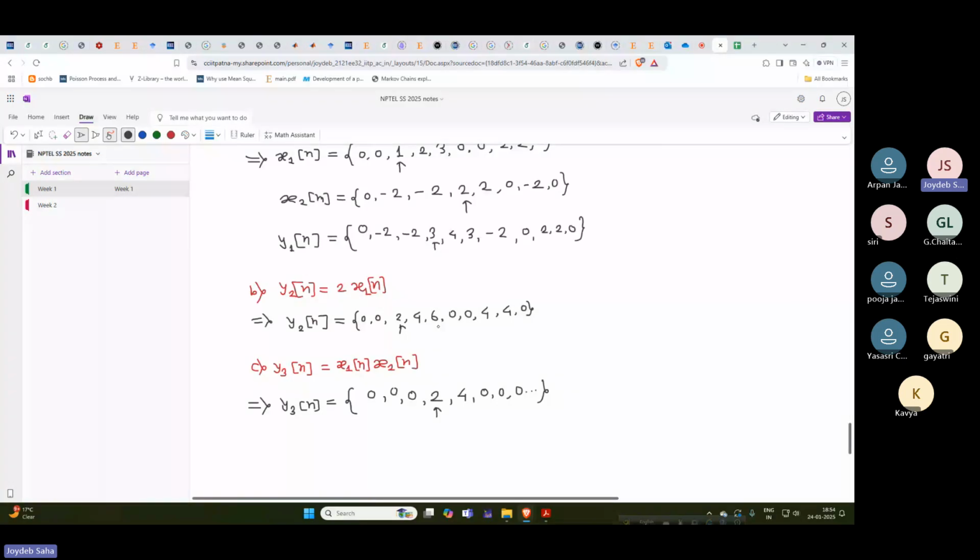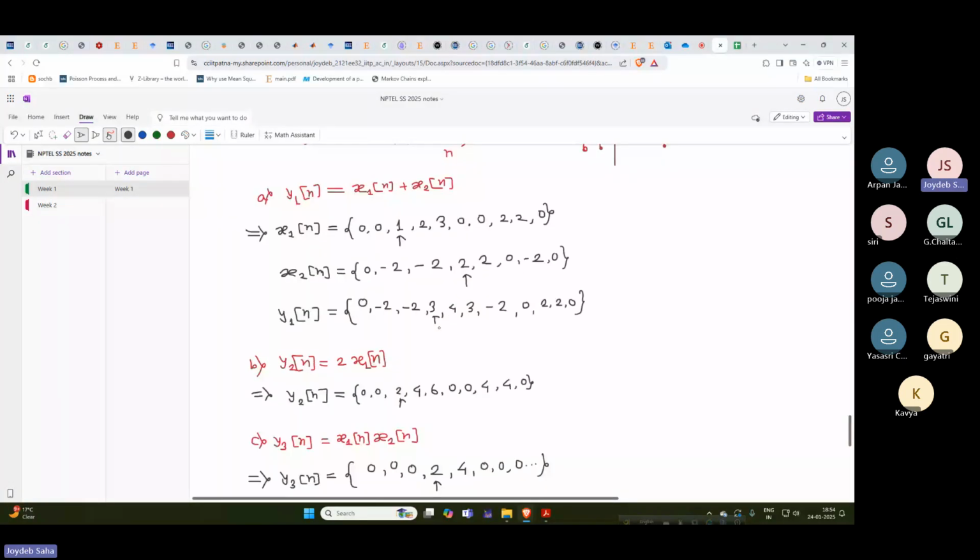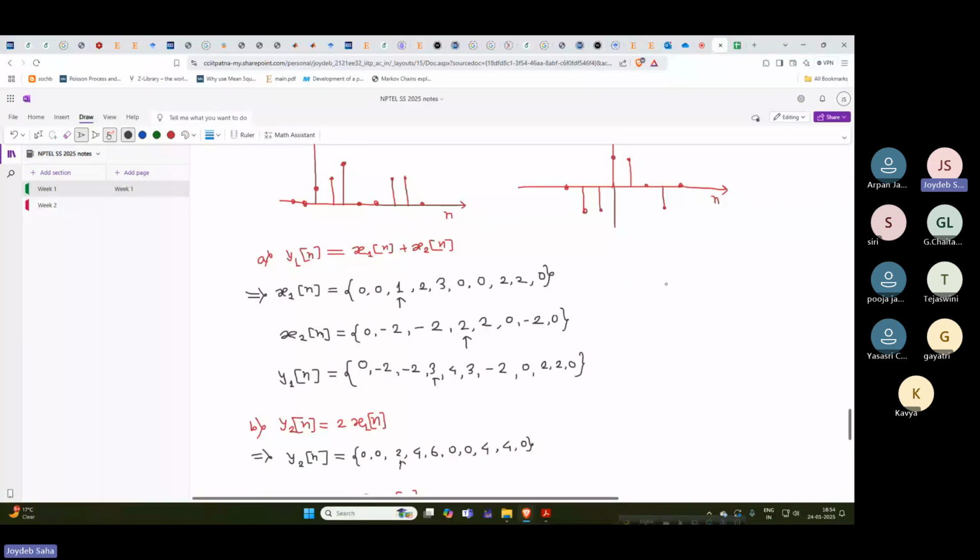Let us plot. It is at 1, not 1, it is 3, right?